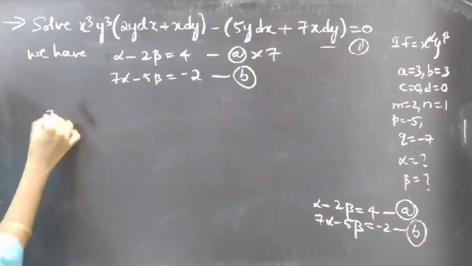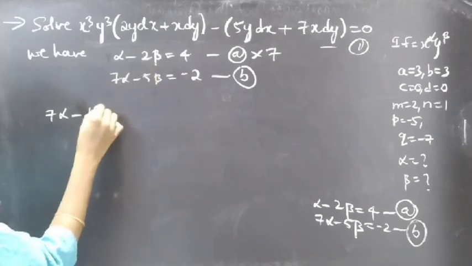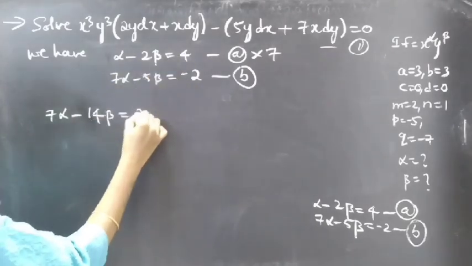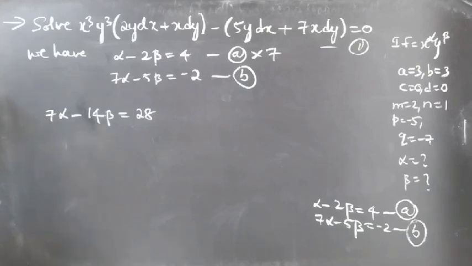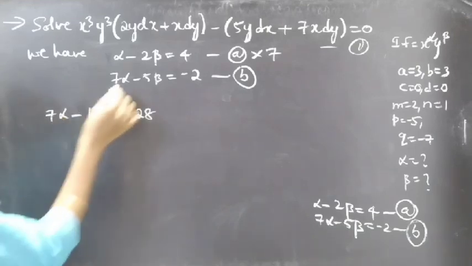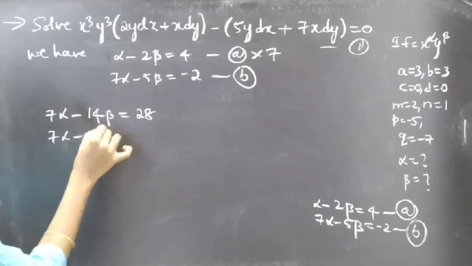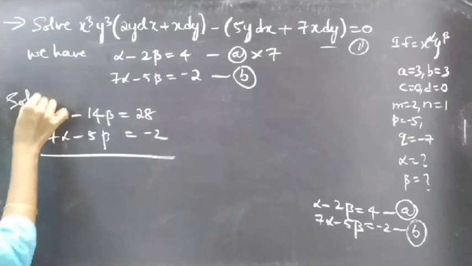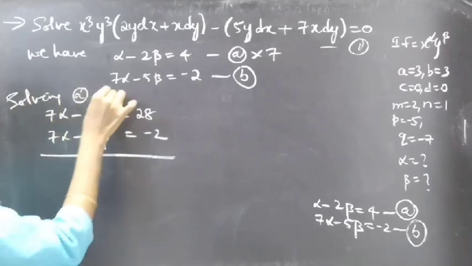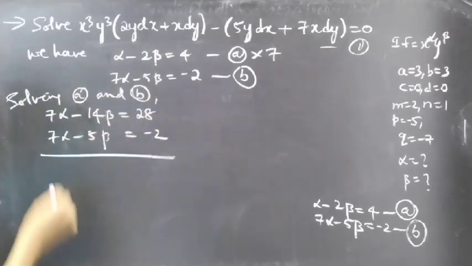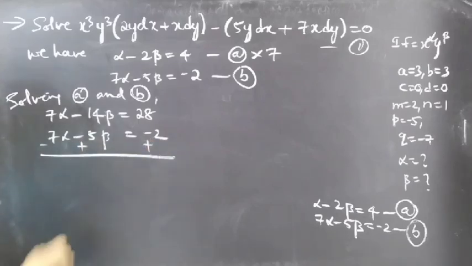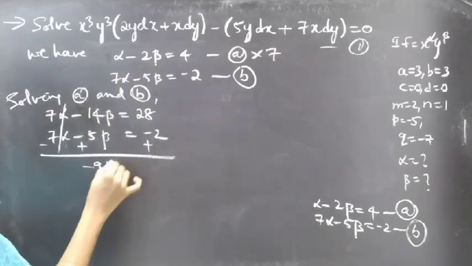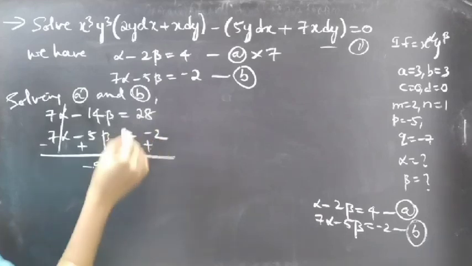Then you'll get 7 alpha minus 7 2s are 14 beta equal to 7 4s are 28. Now write B as it is and solve this equation. 7 alpha minus 7 alpha gets cancelled. Minus 14 beta plus 5 beta gives minus 9 beta equal to plus 28 plus 2, which gives plus 30.